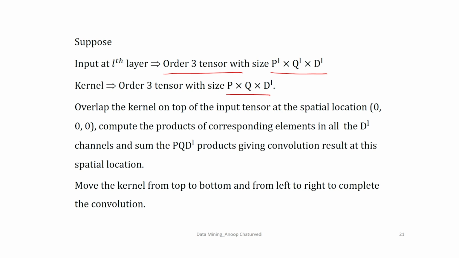Then we compute the product of corresponding elements in all the DL channels, and we sum the P Q DL products, and ultimately it gives you the convolution result at the spatial location. Then we move the kernel from top to bottom, from left to right to complete the convolution.